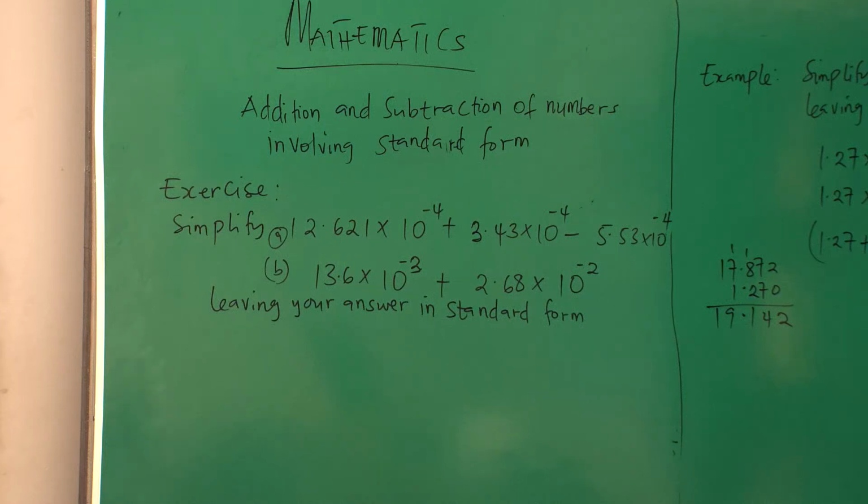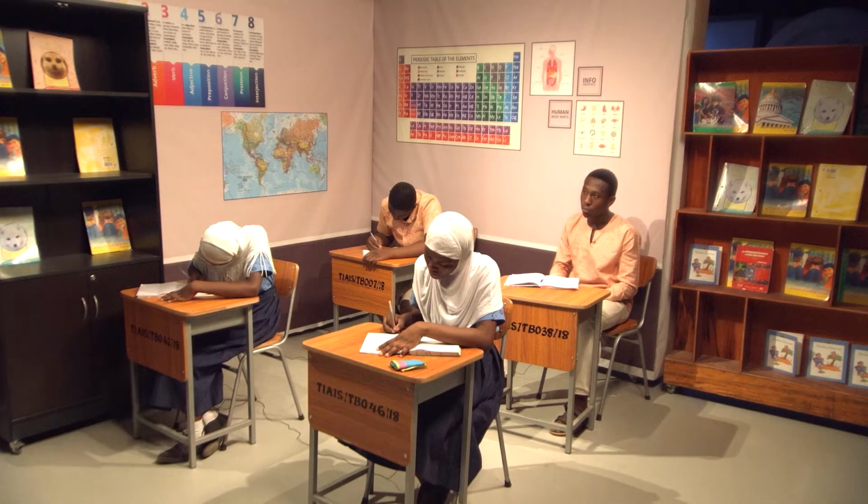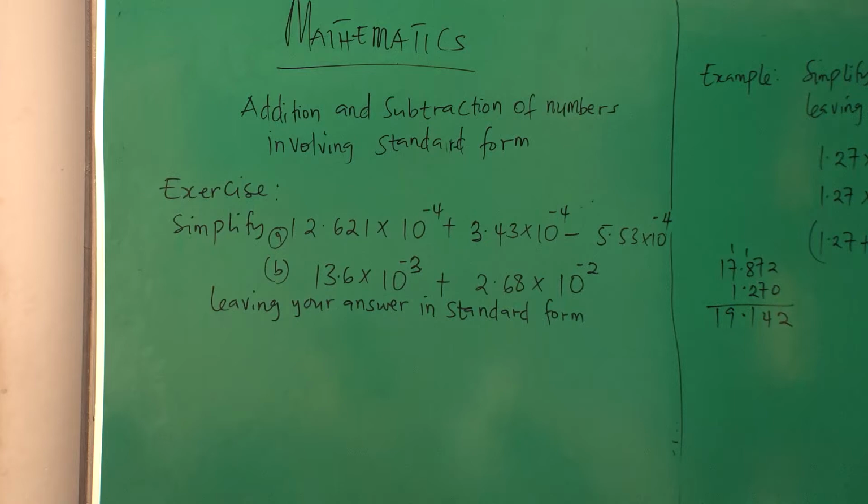Yes, who has finished the first one? Richard, are you done? What did you get? 1.0521 times 10 raised to the power negative 3. Okay. Is it right, Asifa?